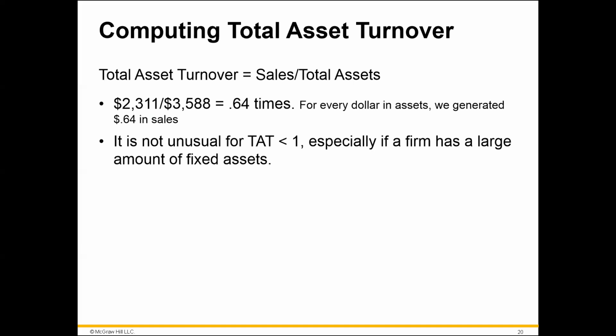If a firm has a large amount of fixed assets, the total asset turnover can be less than one. So it is not unusual for total asset turnover to be less than one, because many corporations have a large amount of fixed assets, right?